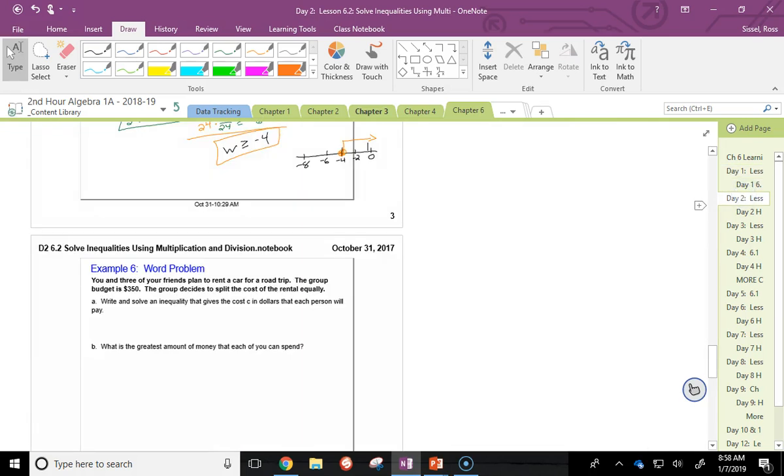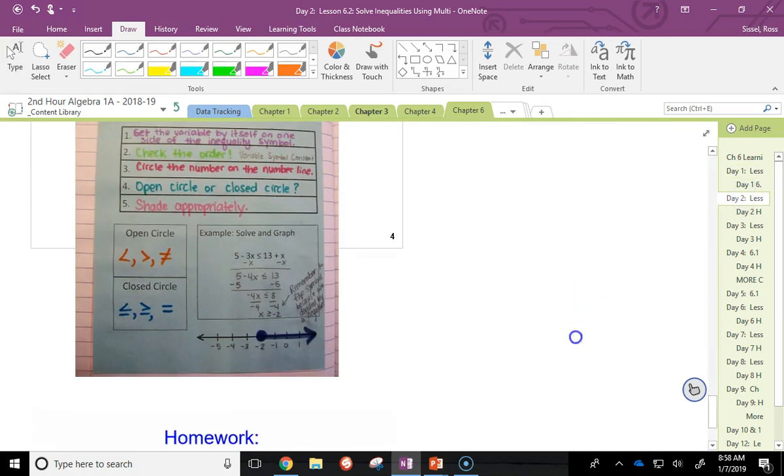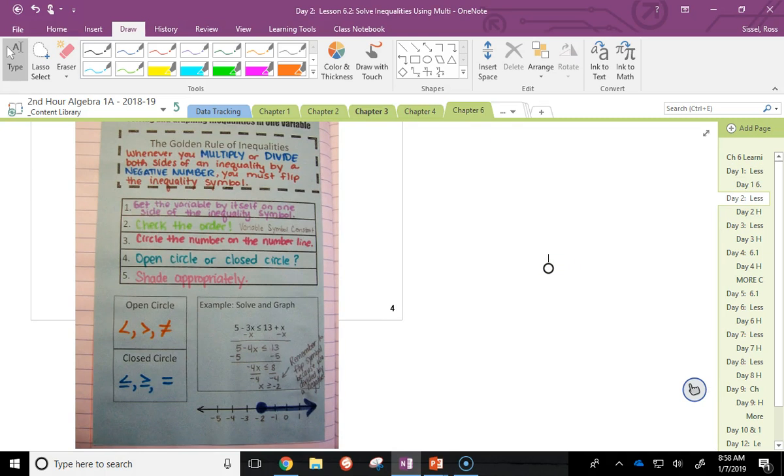But the golden rule, I do want you to fill this out and put it in your notebook. There's a good chance at the end of the week I'm going to end up giving Starbucks to people that can show me that their notebook is filled out with the foldables. Like I will show my notebook, so you can copy mine down.